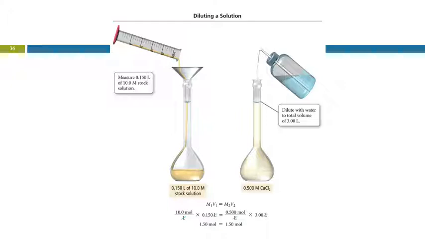In this example, we're taking 0.150 liters of a 10 molar stock solution, pouring that into this flask. 10 moles per liter times 0.150 liters, 1.5 moles of the solute. Then we're going to add water to this. If I fail to add water to this, is the concentration going to change? No, I just put it in another container.